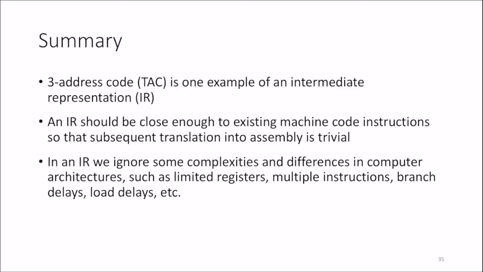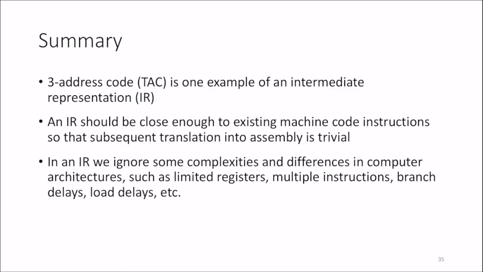The advantage is not just ignoring these complexities, but a lot of code optimization can be done on intermediate representations. And that makes it more portable to have these optimizations that can be used across many different machine architectures instead of writing a special optimizer for x86 and then another one for ARM, etc. You can get away with a single optimizer for a lot of different machine architectures.